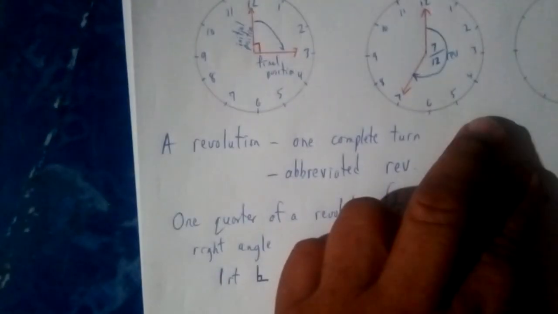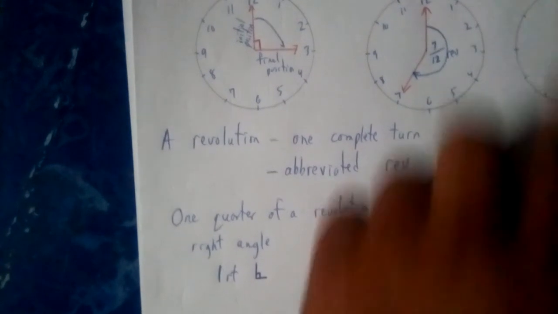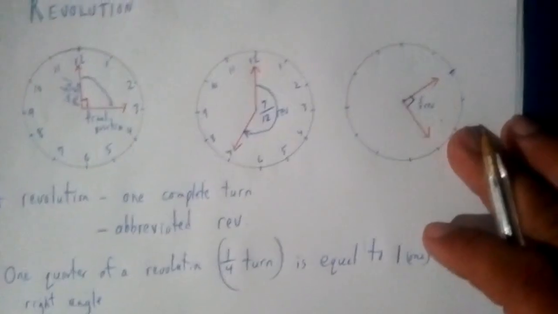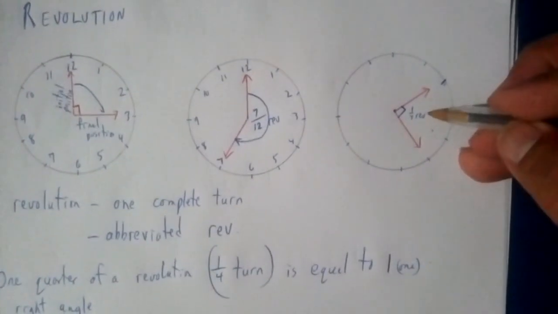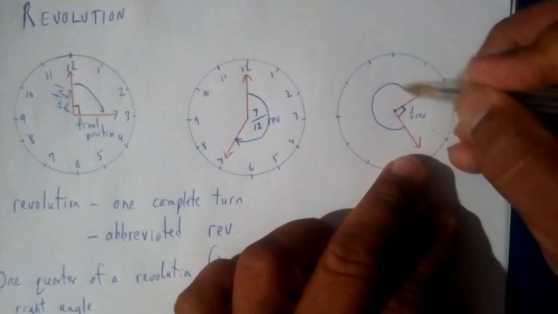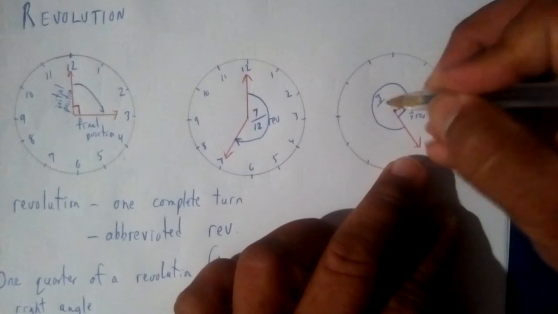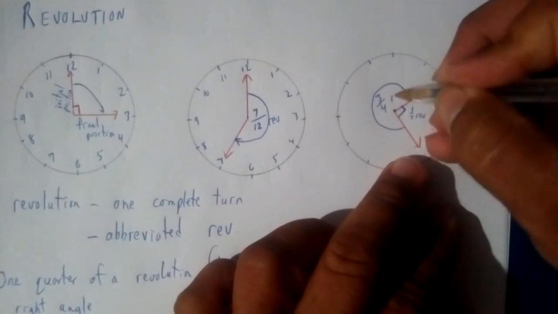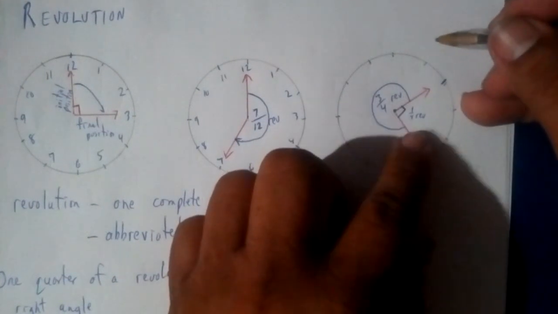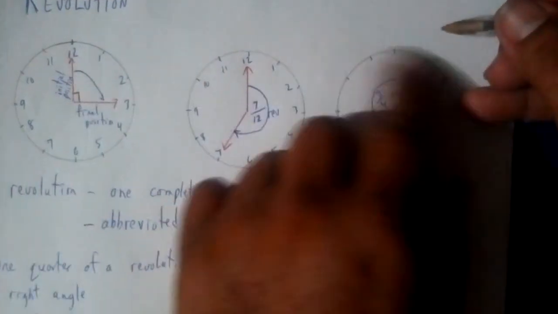Now, if this is a quarter of a revolution, then this next piece here must be 3/4 of a revolution. This is the other 3/4, because 3/4 and a quarter will make a whole, a complete revolution.